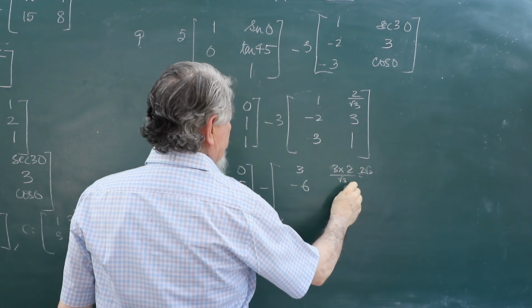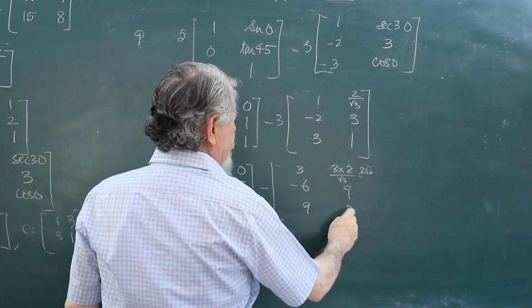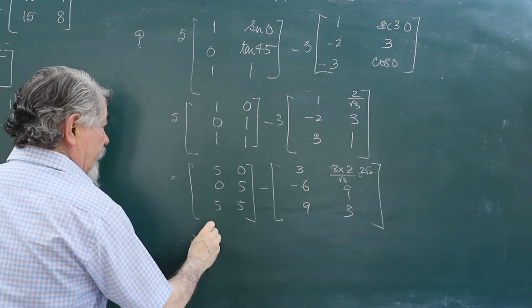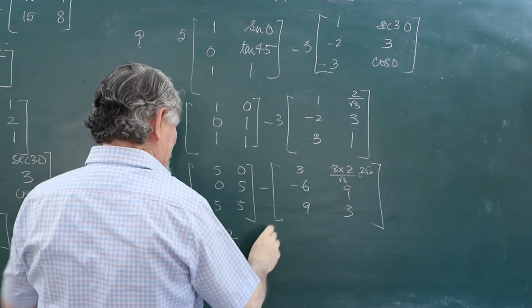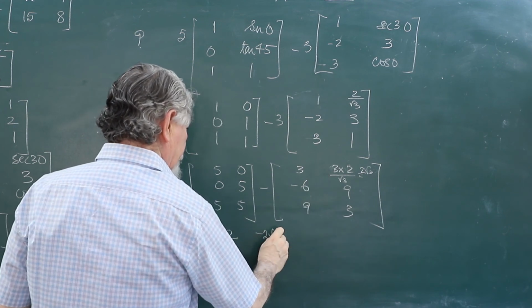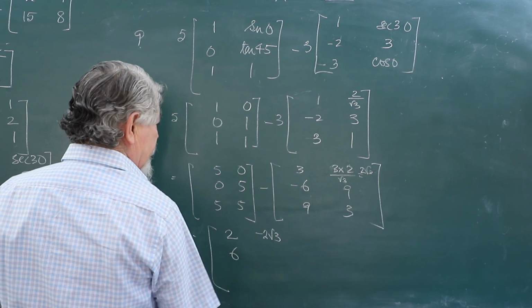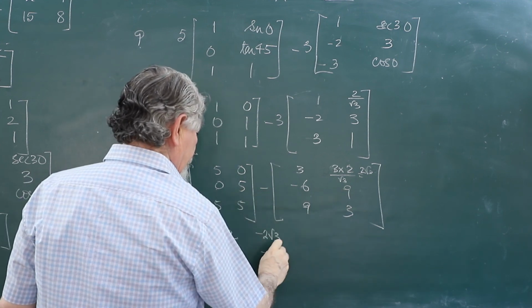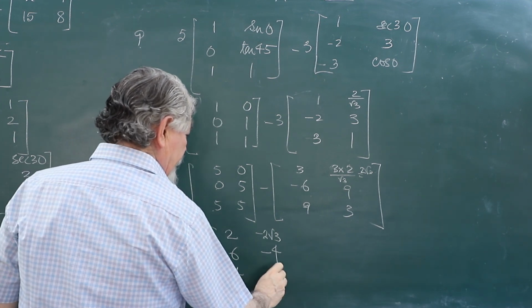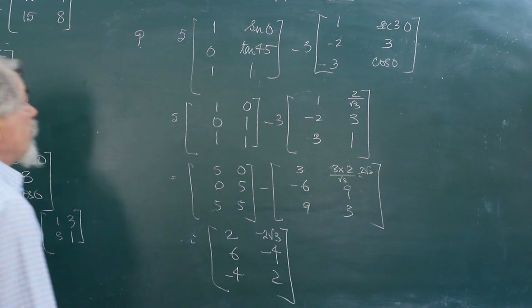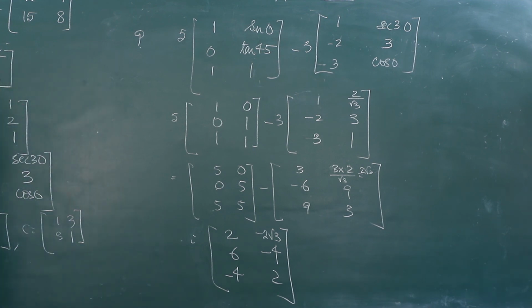And 3 3s are 9, 3 3s are 9, 3 1s are 3. So it will be 5 minus 3, 2, 0 minus 2 root 3, 0 plus 6 is 6, 5 minus 9 is minus 4, 5 minus 9 is minus 4, and 5 minus 3 is 2. So we have got the value of the matrix as 5 minus 2 root 3, 6, minus 4, minus 4, 2. Let us see the last question 10.